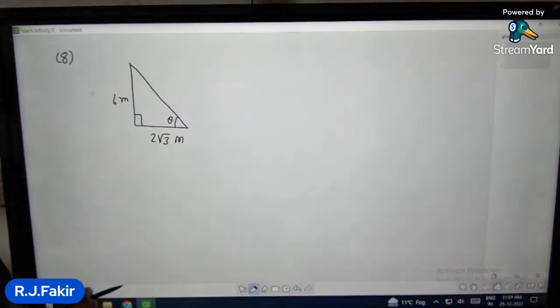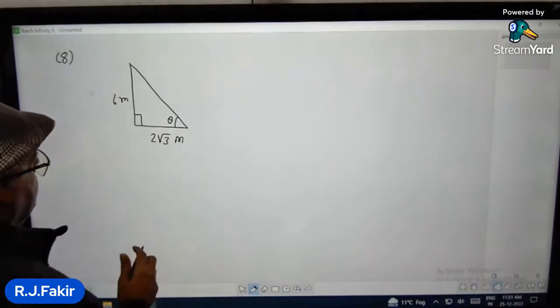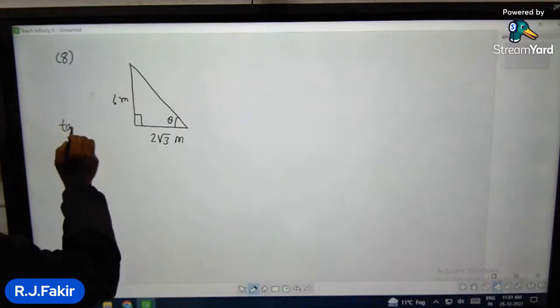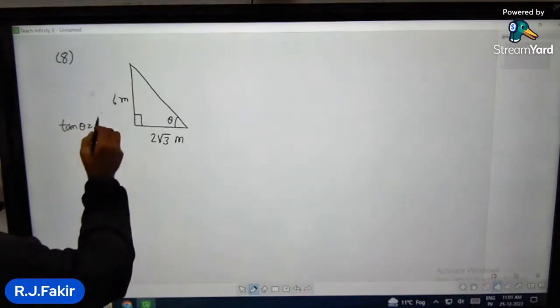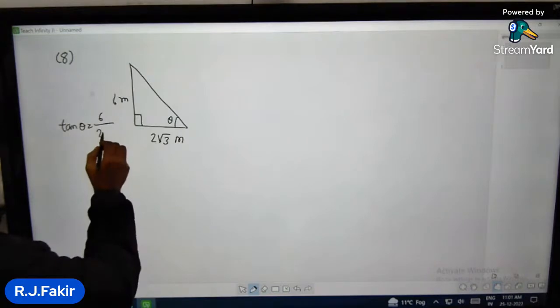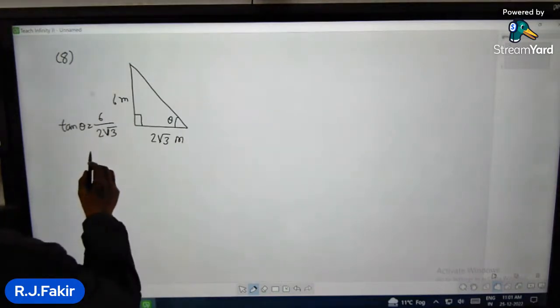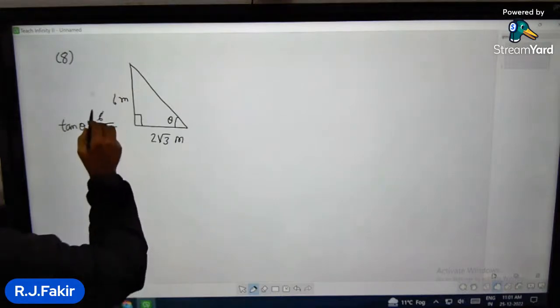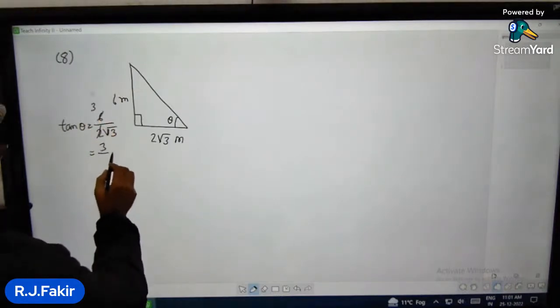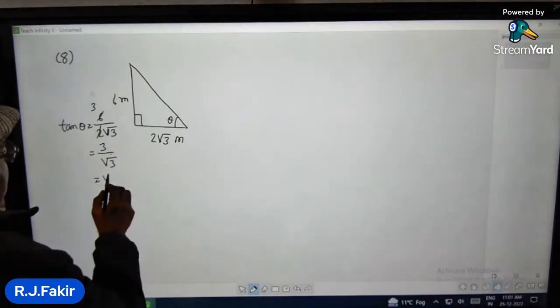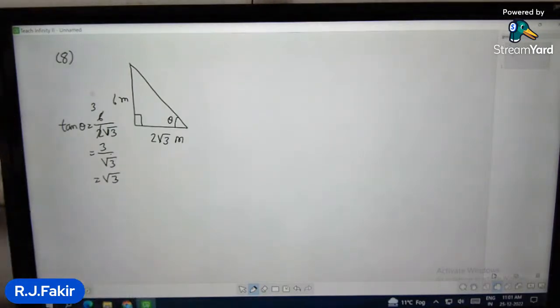This is perpendicular upon base. So that means tan of theta is 6 upon 2 root 3, which gives me 3 upon root 3, and finally it will be root 3.